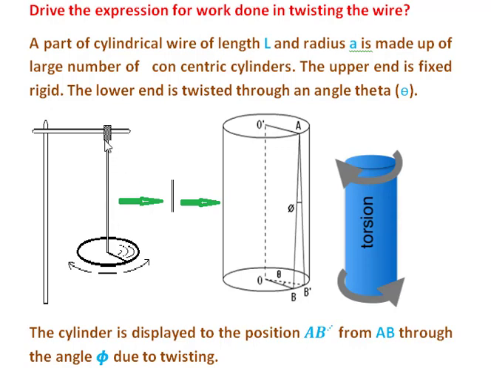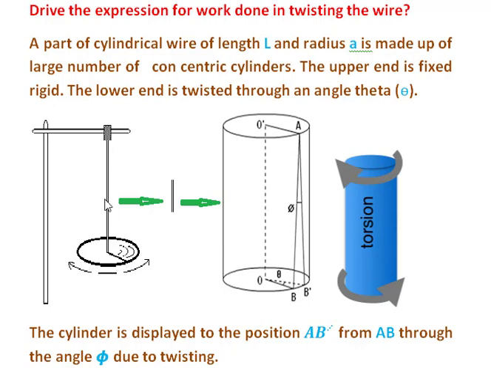See here, one end of the wire is tied rigidly and the other end is connected with a circular disc made up of some metal. So the force is given here, the twist is given here.